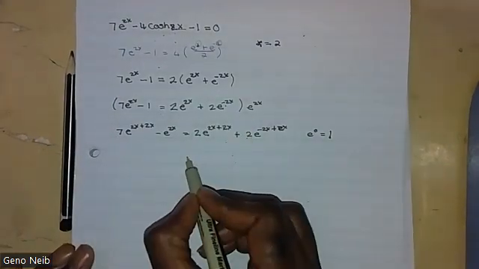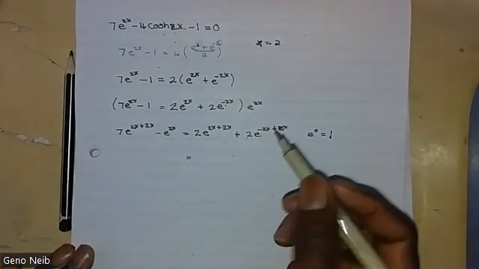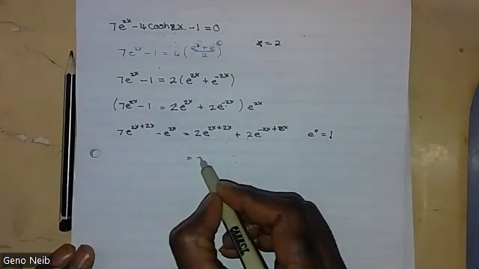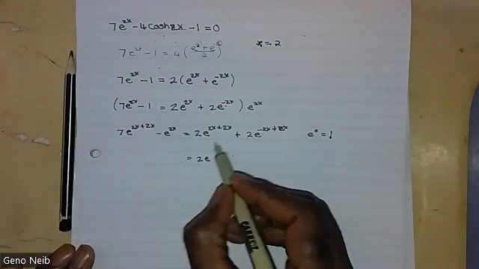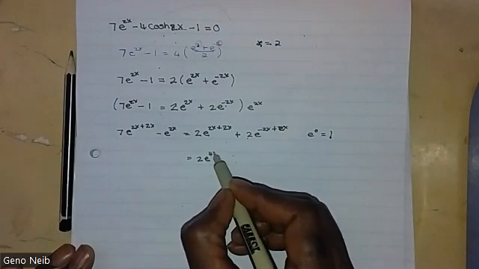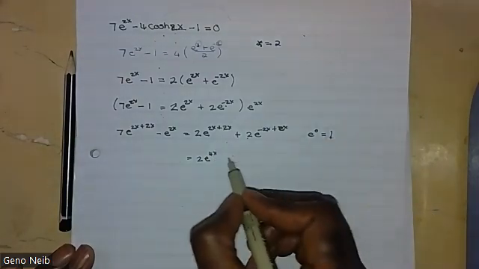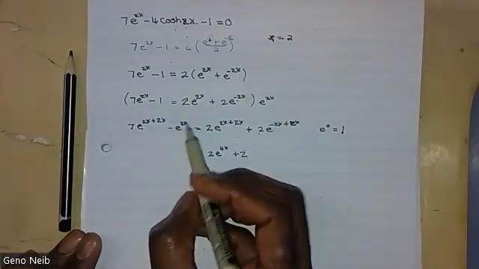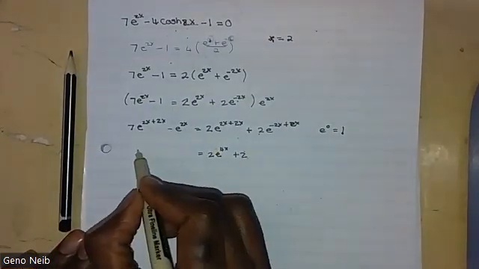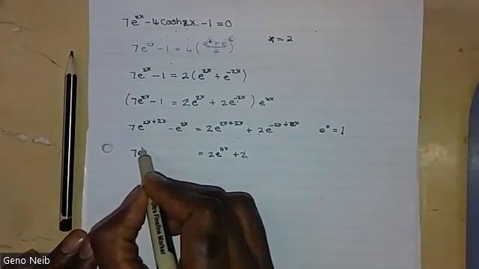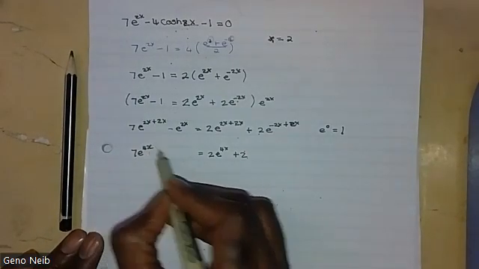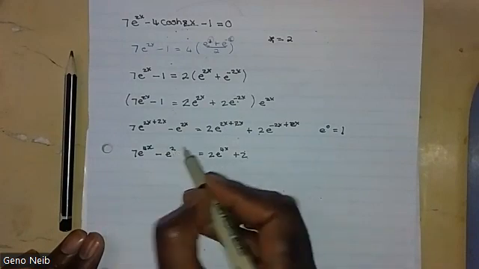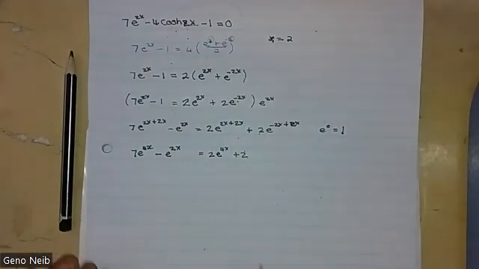So we found a term which is in the form of this, which is 2e to the 4x plus 2 on the right side, and on the right side we have e to the 4x minus e to the 2x.